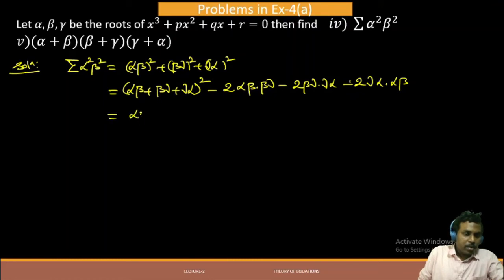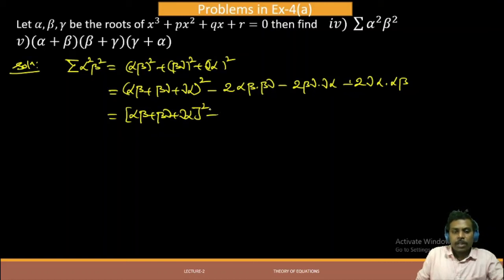Now this is nothing but alpha beta plus beta gamma plus gamma alpha whole square minus, in all these terms I can take common 2 alpha beta gamma, then this becomes beta, then this becomes gamma, and this becomes alpha.